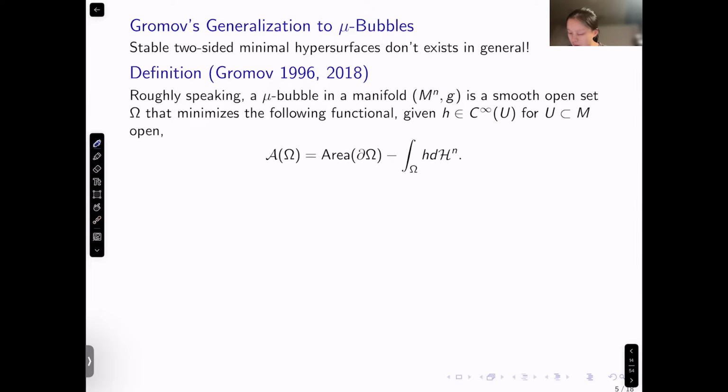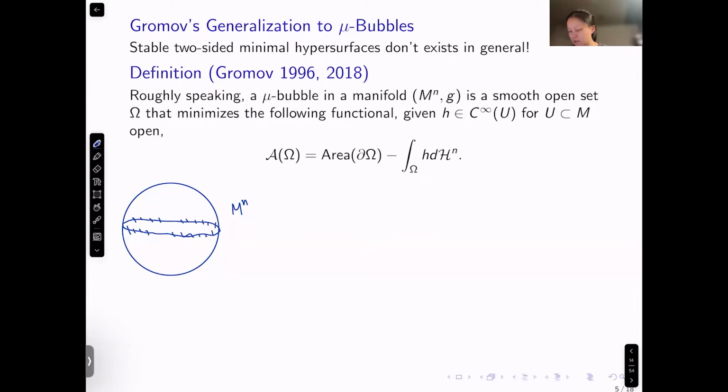And now let's imagine M is just the sphere. Then what I'm doing is looking at a domain in the sphere, for example, the lower hemisphere, and I'm looking at the area of the boundary.